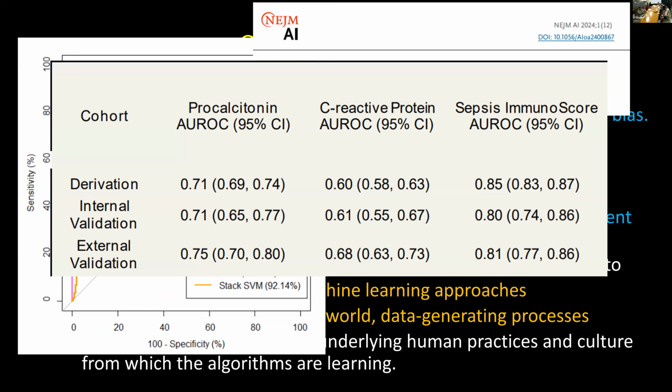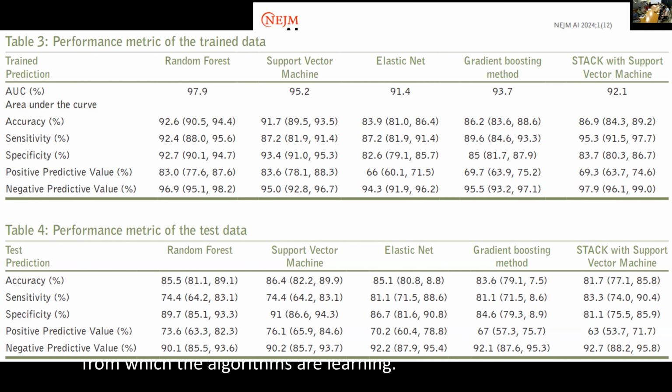Here they have derivation and internal validation. The full data set was divided into 2/3 and 1/3, derived on the 2/3 and checked on the other 1/3. That's called internal validation. External validation is taking a new hospital or a fresh set of data. In medicine 2, we derived it, and this is internal validation. We call it training and test.